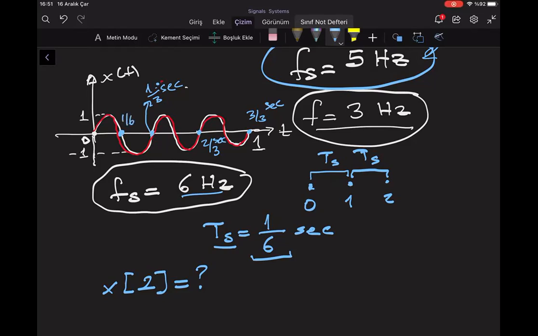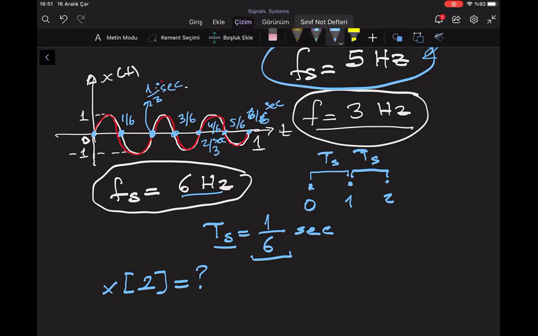2 times 1 over 6. 3 times 1 over 6. 4 times 1 over 6. 5 times 1 over 6. And 6 over 6. Where are my samples? On the axis. All the values are 0, right?